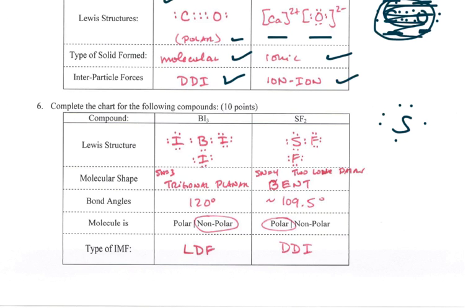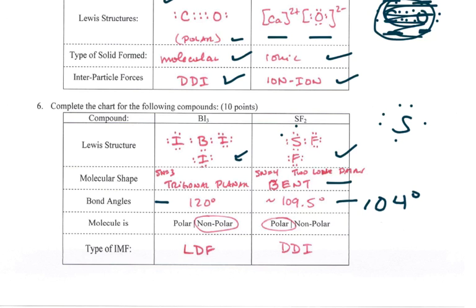The molecular shape, this guy here is steric number 3, trigonal planar, and this guy is tetrahedral with 2 lone pairs, so it's going to be bent. Bond angle here is 120. Bond angle here is roughly 109.5, but because of these lone pairs, it's going to be smaller. So if we said it's about 104 degrees, that is perfectly good. But if you said 109.5 or a little less, that would be great.